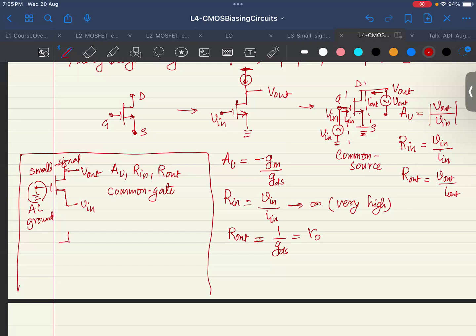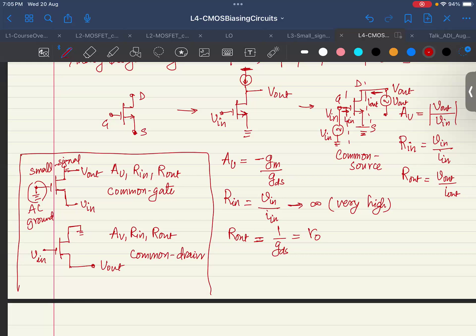That means this can be another configuration, where this is obviously grounded, then you have Vin applied here at the gate and Vout at the source. For this also, using the same small signal analysis, you calculate the gain, Rin and Rout. This is your common drain.